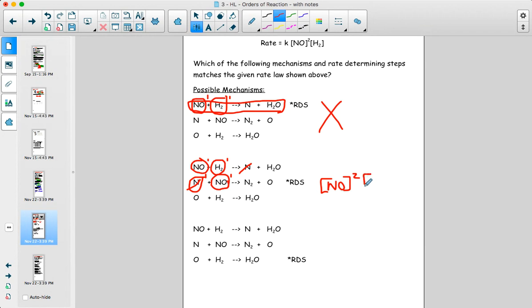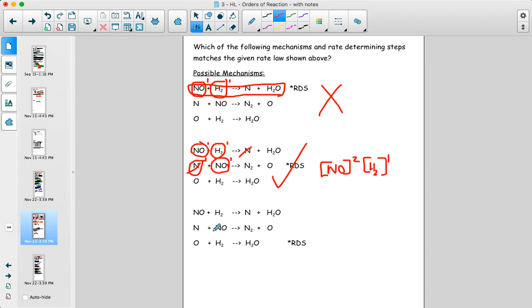And I get H2 used once. And so that does actually match the rate equation. So again, this is not definitely how the reaction takes place, but it is one possibility for how the reaction takes place.